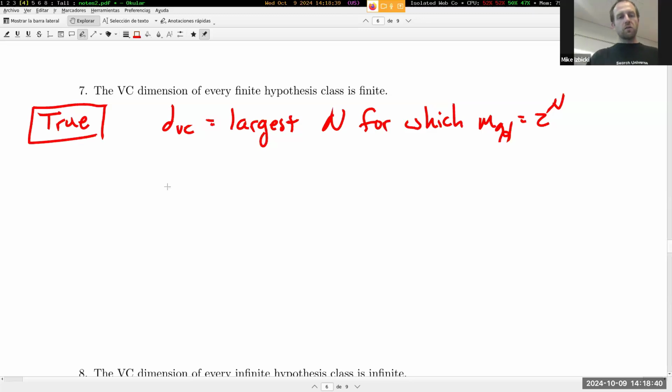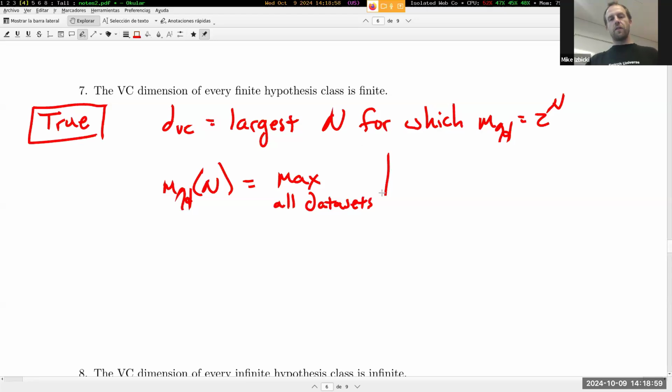And also recall the actual definition of m sub h of n: this is the maximum over all data sets of the size of the dichotomies h of x1, x2, up to x sub n.